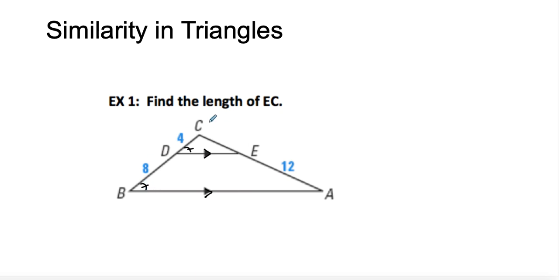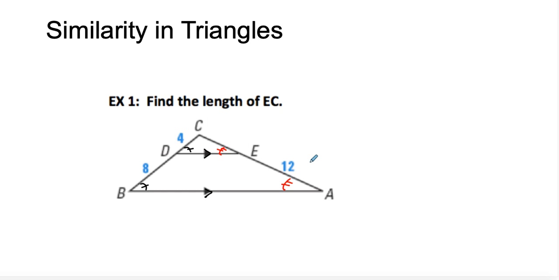I also can see then that this angle and this angle are equal. So what that tells me is that the triangles are similar by a theorem you learned in geometry called the angle-angle similarity theorem, or postulate, depending on which book you used. So that tells me that the triangles are similar, which means their sides are in proportion.